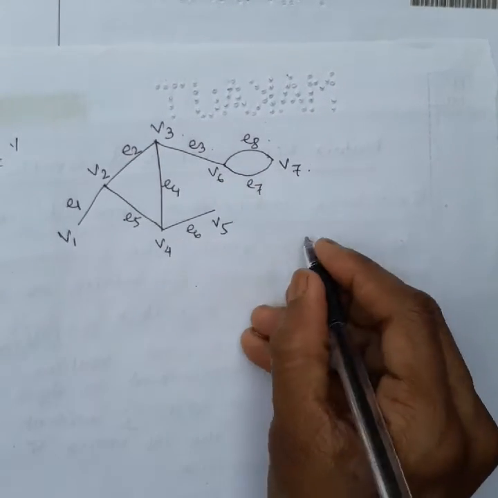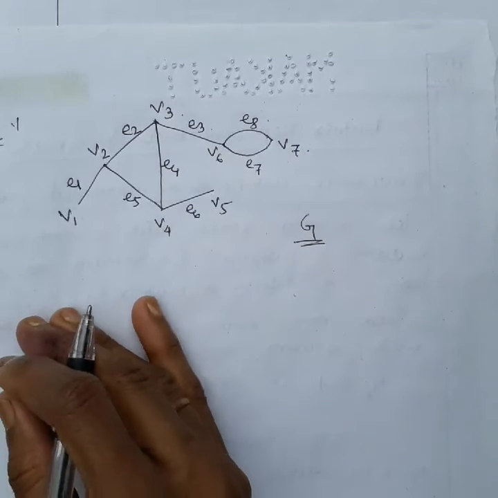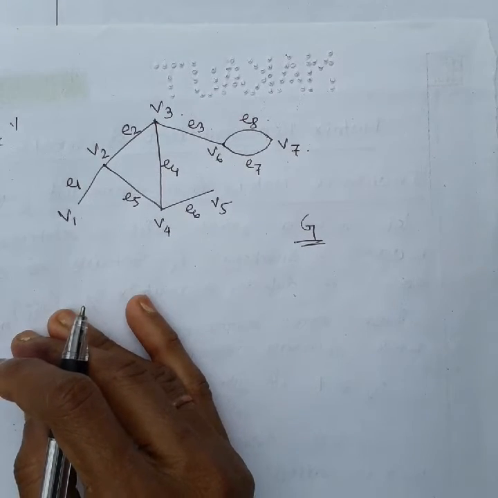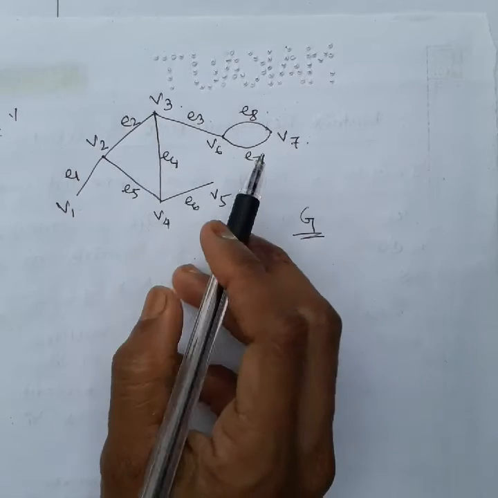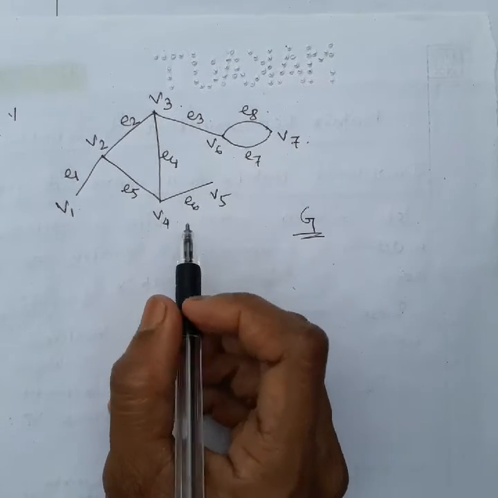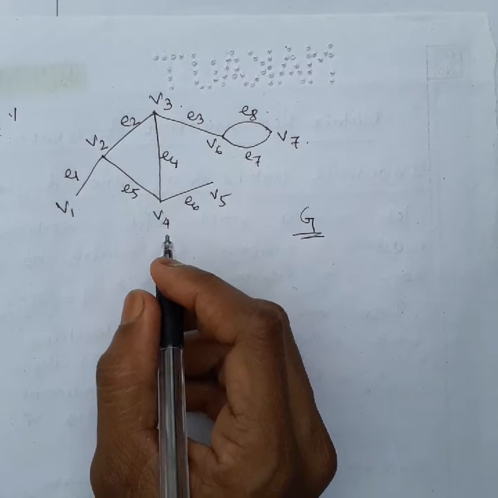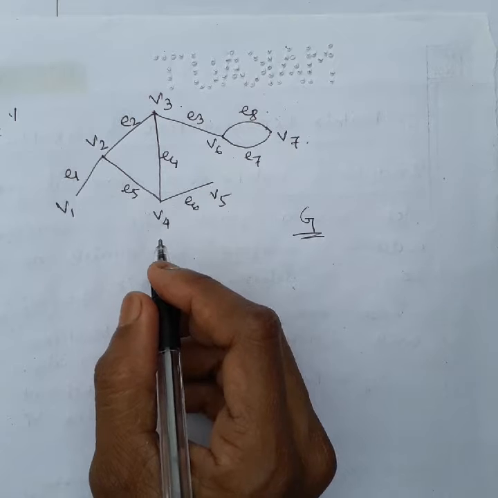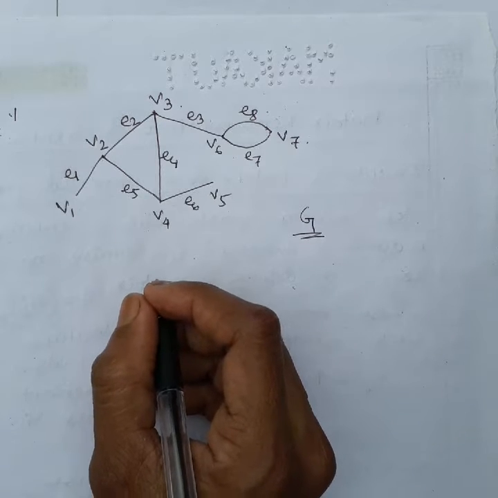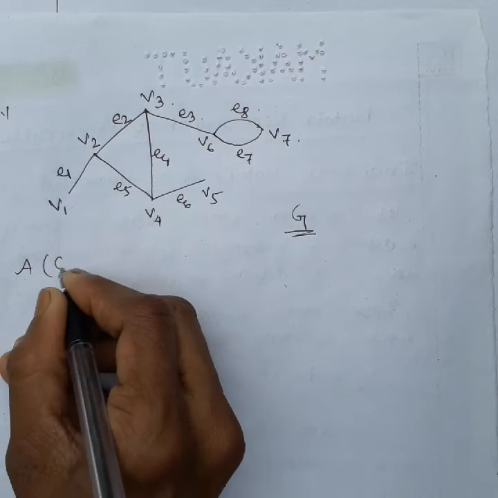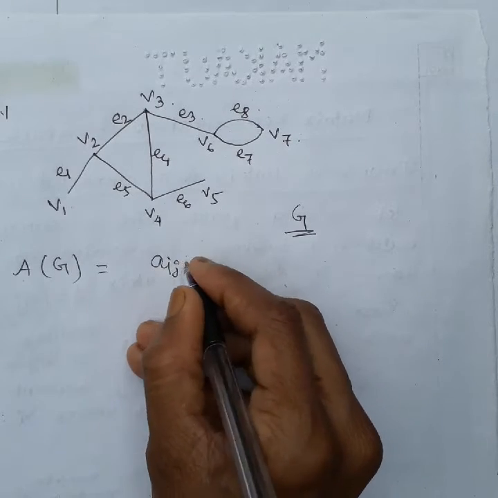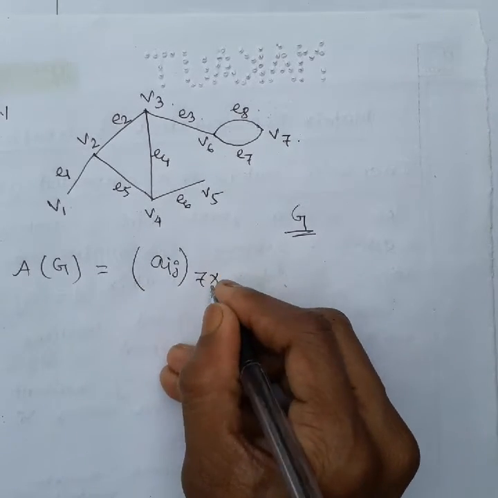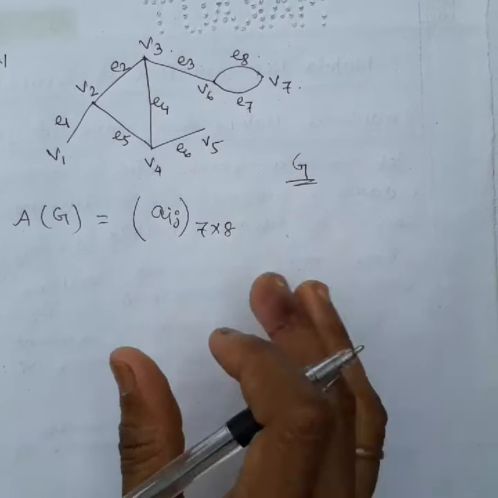This is the graph G. Now we can find the matrix. Here the number of vertices is 7 and the number of edges is 8, so the incidence matrix is of size 7 cross 8. That means A of G equals Aij of 7 cross 8.